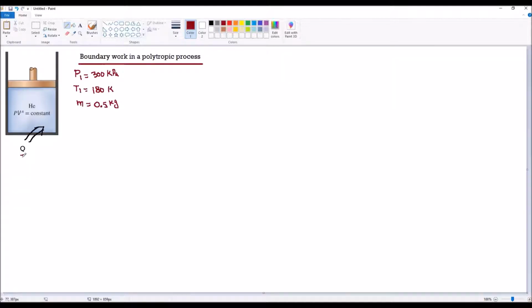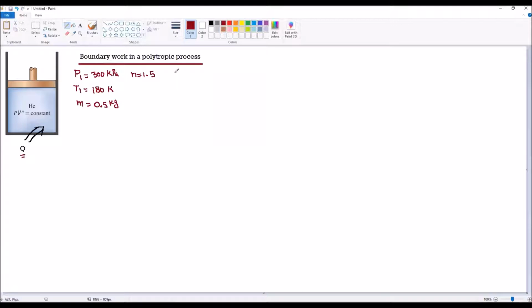Heat is added constantly to helium, and we know that the process follows a relation between pressure and volume so that it is a polytropic process, and we're assuming that the polytropic exponent is 1.5 in this case.